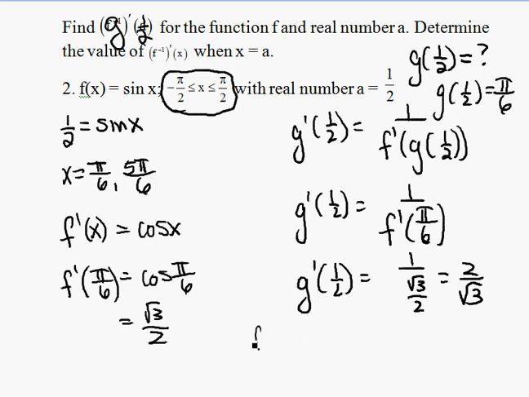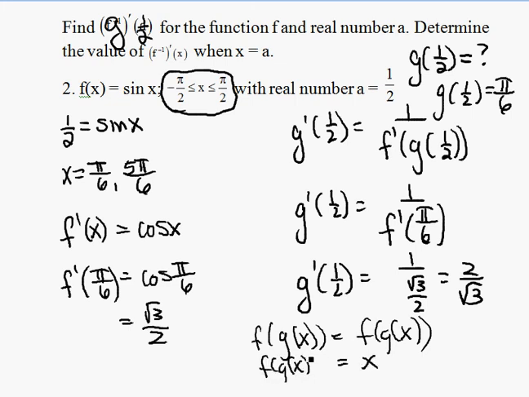The easiest way I find to do it is to just know that f of g of x is equal to x. This is a composition of functions, so I get x. And then using the chain rule, I can take the derivative, which is f prime of g of x times g prime of x equals 1, and then just solve for g prime of x, so therefore this piece over here gets thrown underneath.